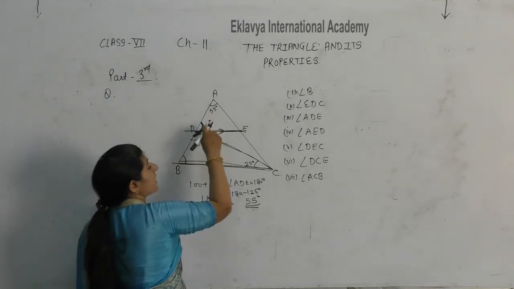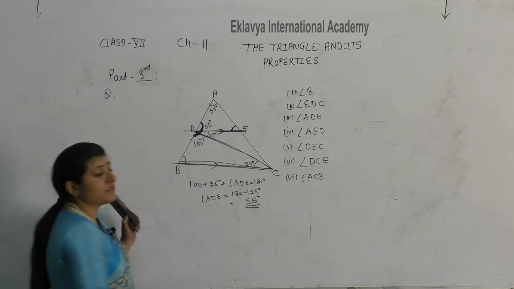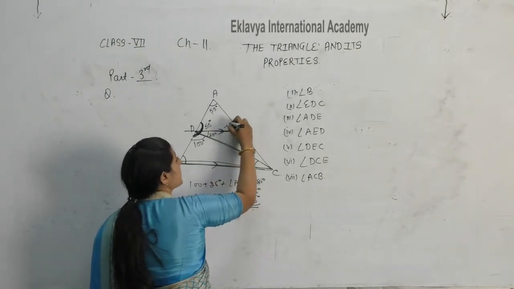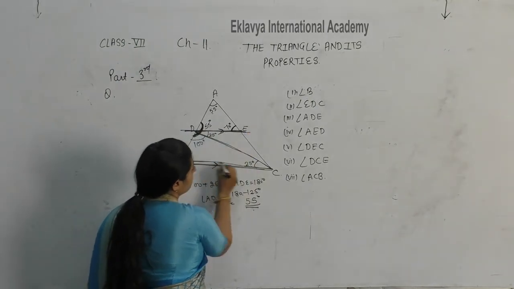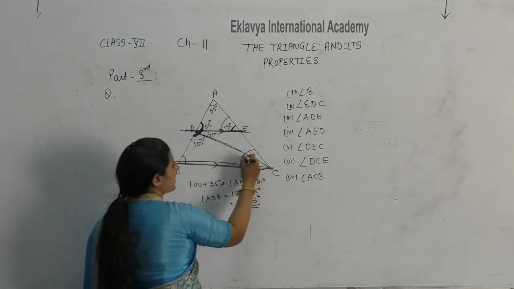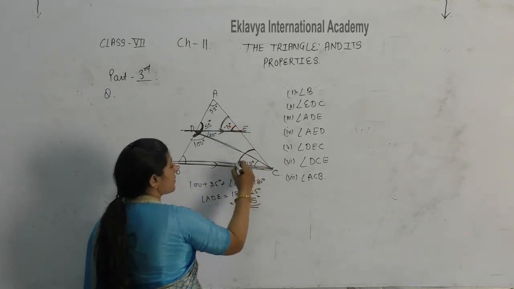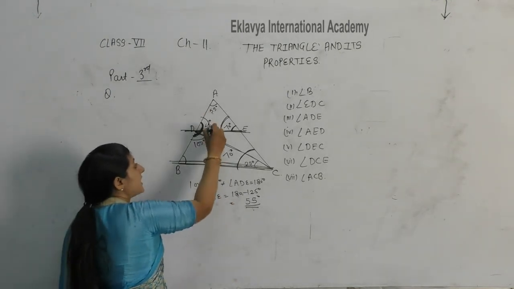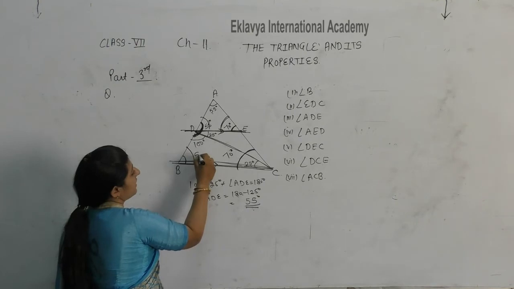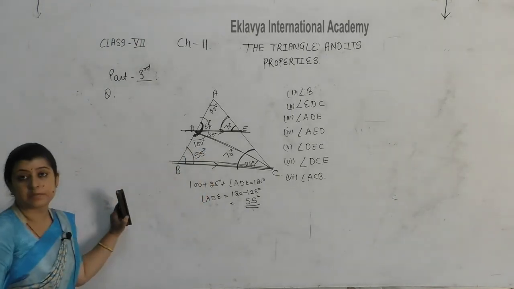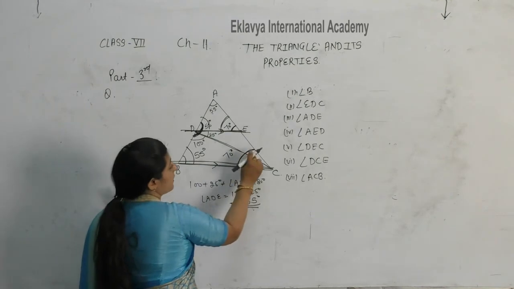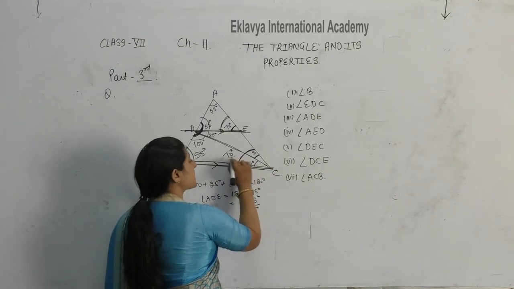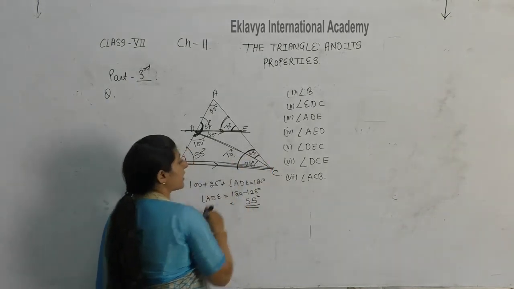So these two angles are 55 degree, then what is the value of this angle? 55 plus 55, 110, then this angle is 70 degree. This one is a parallel line, and what is the relation between these two angles? Corresponding angles, then this angle is also 70 degree. This is 55 degree, then this also 55 degree. Now, remaining this one angle, 70 minus 25, 45 degree.